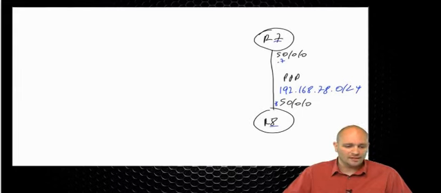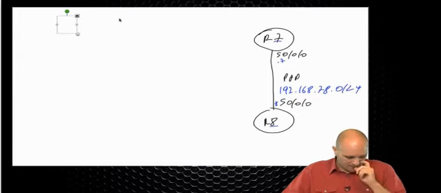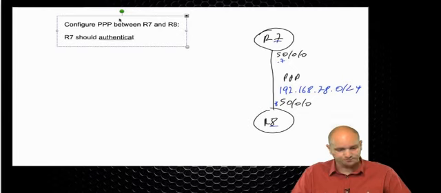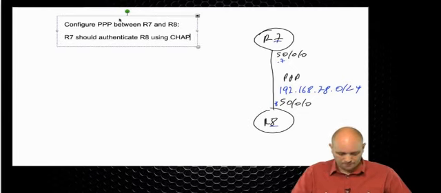What we're going to do is we're going to have a task, and I'm just going to type it out here. Let's say: configure PPP between R7 and R8. R7 should authenticate R8 using CHAP.